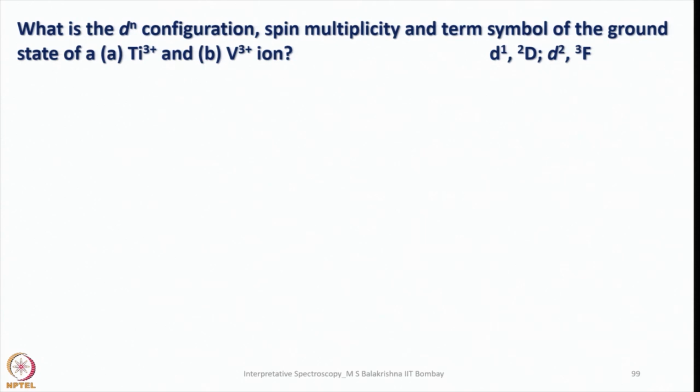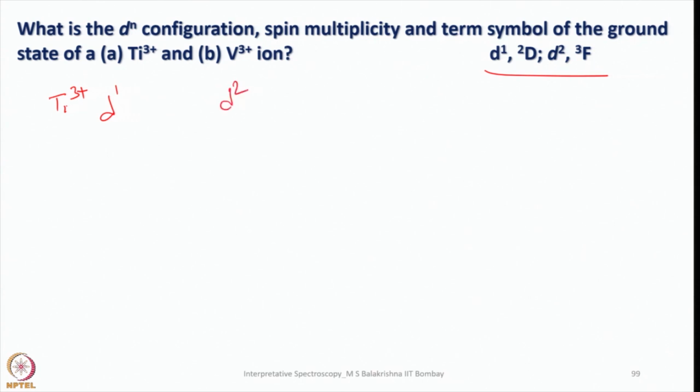Okay, so now let's look into what is the dn configuration, spin multiplicity and term symbol of the ground state of titanium 3 plus and vanadium 3 plus. I have already given it here. So titanium 3 plus is a d1 system, and vanadium 3 plus means 3d3 4s2, it is a d2 system.